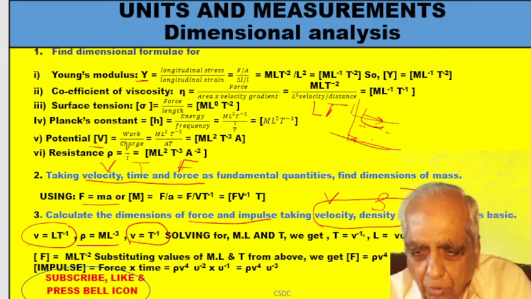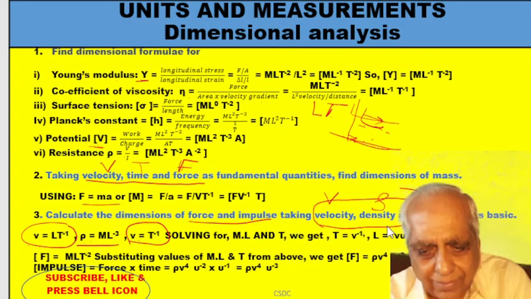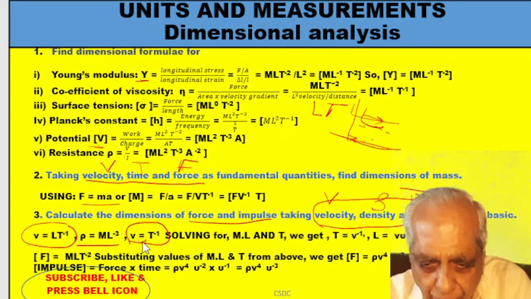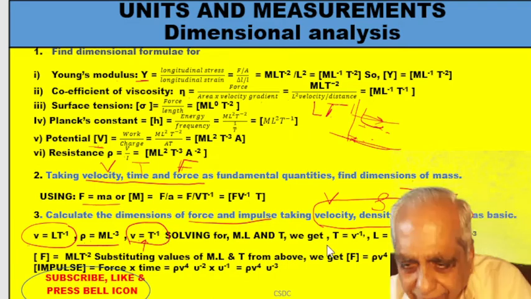Once we know m, l and t, then we know dimensions of all quantities, so we will substitute to get them in terms of these. Like nu, this is very simple. Nu is t raised to minus 1. So t would be nu raised to minus 1. So I got one answer. T is nu raised to minus 1. So this is my new fundamental and this is my old t.